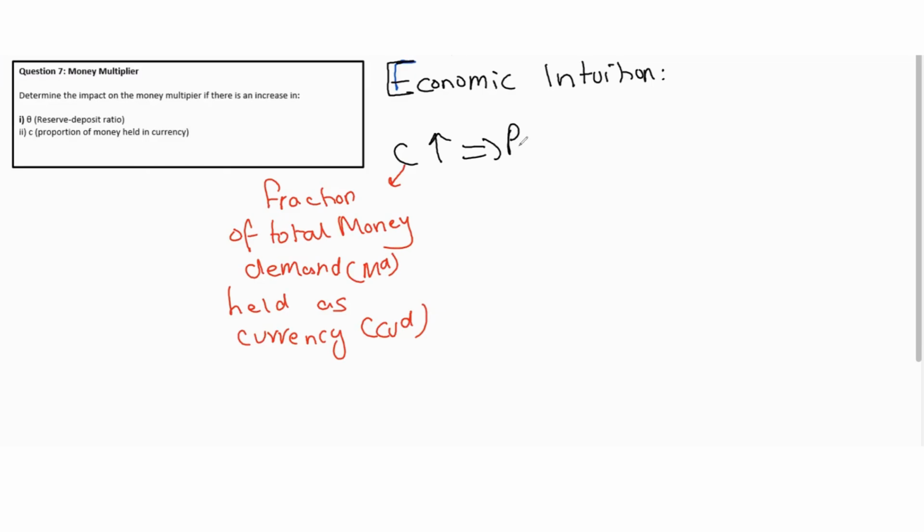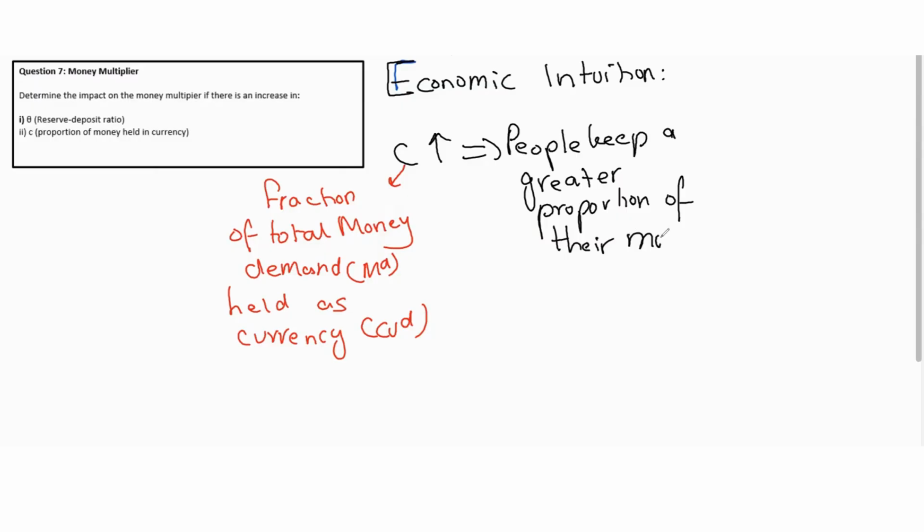So when C increases, people keep a greater proportion of their money in the form of currency rather than deposits.